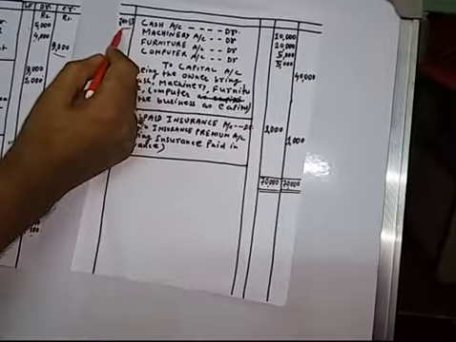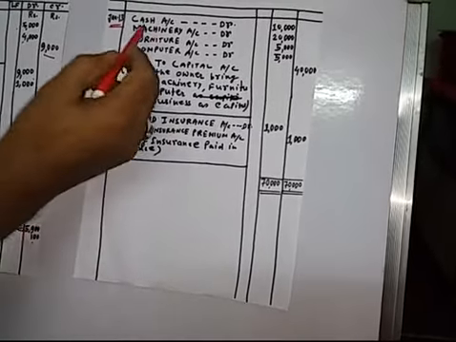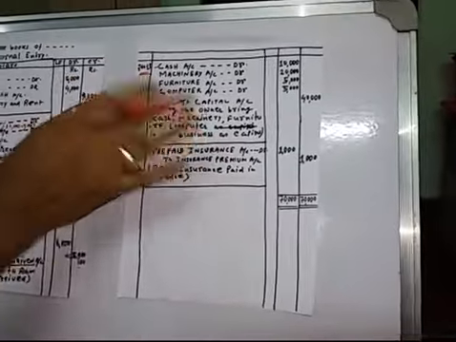Now see here, Jan 13. Clear? On Jan 13 you see cash account debit. Normally when the owner of the business brings money into the business, then cash account debit to capital account. This is clear.